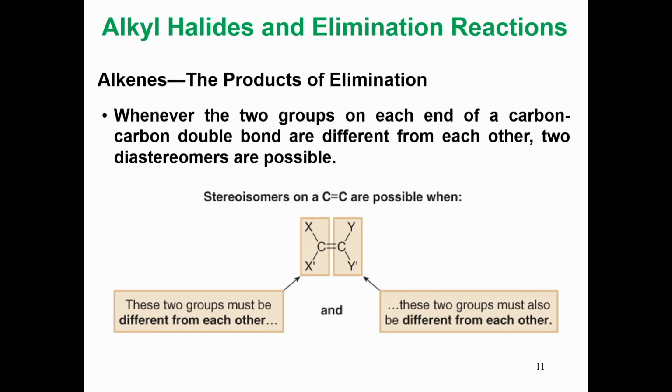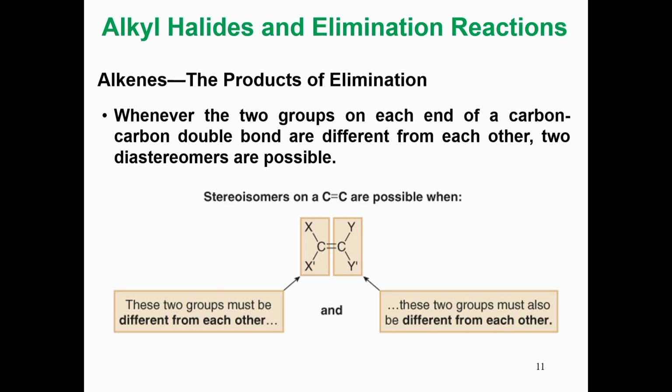The possibility of having cis or trans depends on the substituents on the carbons connected by the double bond. There must be four different substituents connected to the double bond. So each carbon that bears the double bond must have different substituents for there to be stereoisomers. It means that carbon 1 will have different substituents, x and x prime, and they must be different.